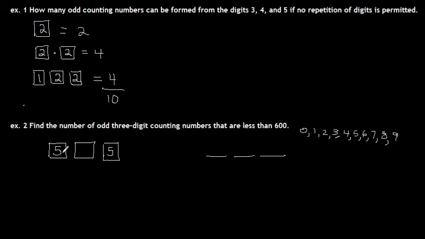Since repetition doesn't matter, we could put any one of these 10 numbers in the middle spot. And so we would just multiply those numbers together. 5 times 10 times 5, and we would get 250. So there's 250 odd 3-digit counting numbers that are less than 600. This is a pretty handy tool to know how to do. Okay, let's try a couple more.